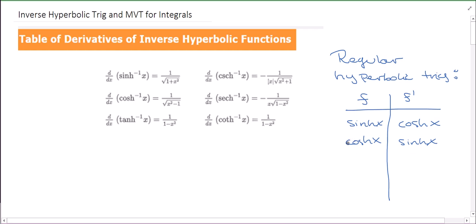The derivative of cosine is negative sine. But here, the derivative of hyperbolic cosine is just positive hyperbolic sine. And then the hyperbolic tangent, the derivative is hyperbolic secant squared. So very similar, and then we can go down the line with the other ones.